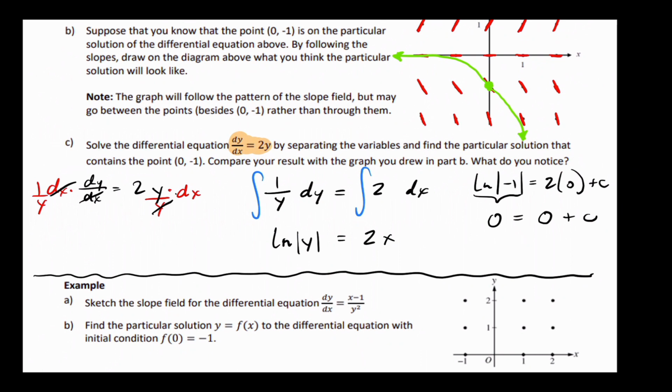Last thing, how do I solve this guy for y? Change the base, so to speak. I'm going to change it, run out of room here. Change it to log base e of y equals 2x. Change it to an exponent. e to the 2x equals y.